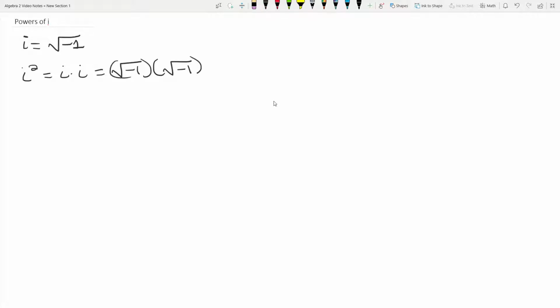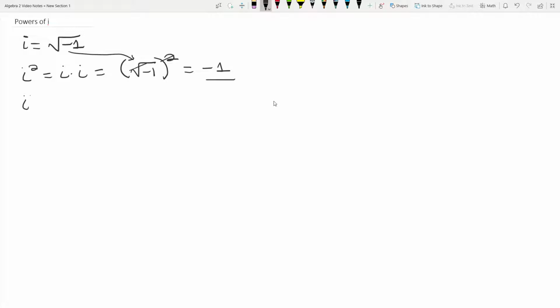We just want to square this because we have 2 of them. So what is that going to be? Well, if you cancel this out, then you're left with -1. So i squared is -1.